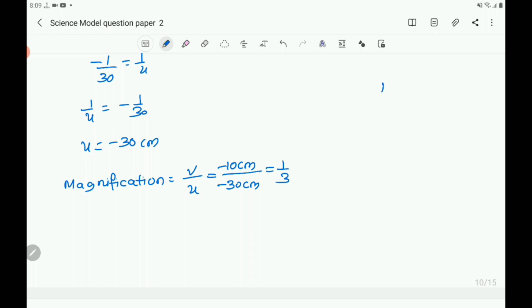If you divide 1 by 3, you get 0.33 repeating, so you write 0.33. Here this is minus, this is minus, so minus by minus becomes plus. So plus 1 by 3, that is plus 0.33 you got.